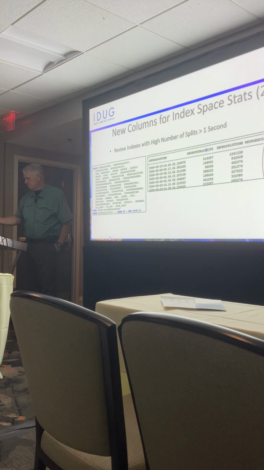So the splits column means there's more than 1 second used to split an index. So the ones with the higher numbers are the ones potentially causing trouble. So if that was consistently a high number, you might want to maybe rebuild or maybe organize that index key in a different way.